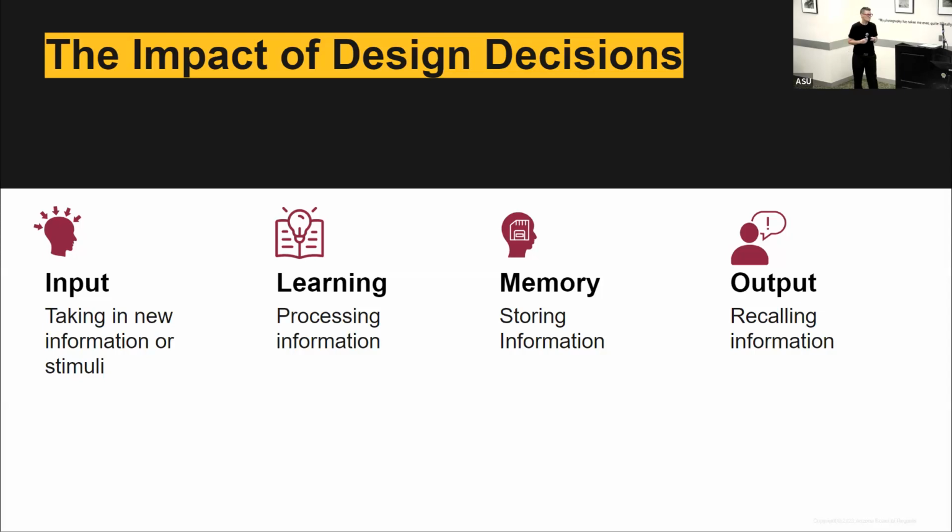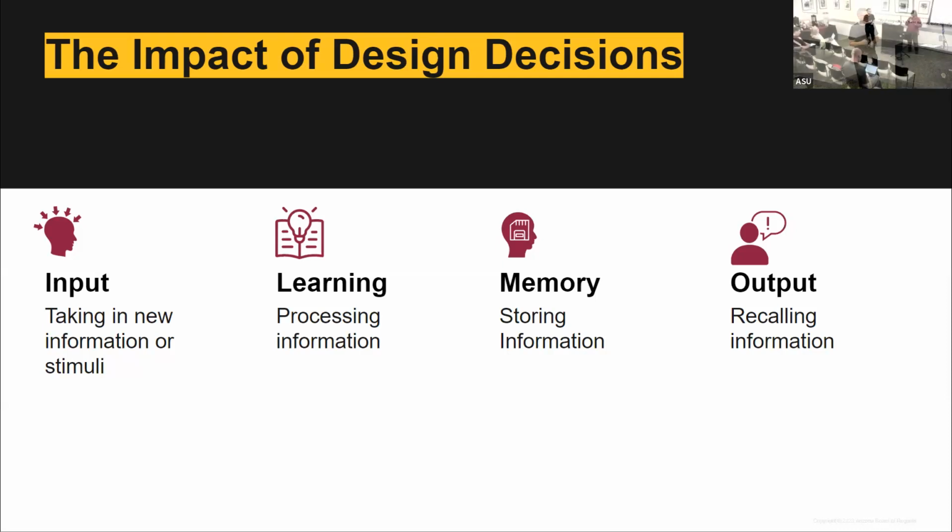So when I look at the impact of design decisions, especially for this neurocognitive purpose, I'm looking at how new information is taken in, that's input, how the information is processed, we call that learning, how the information is stored, that's memory, and then output, how the information is recalled and presented.